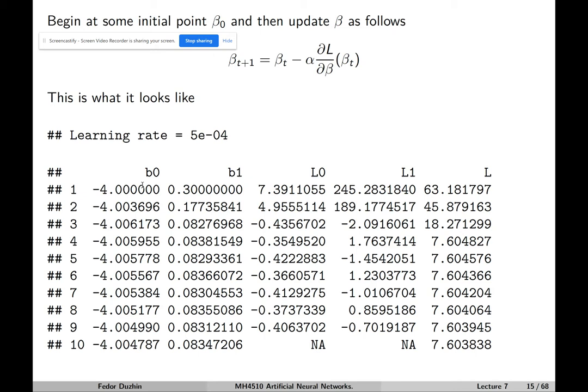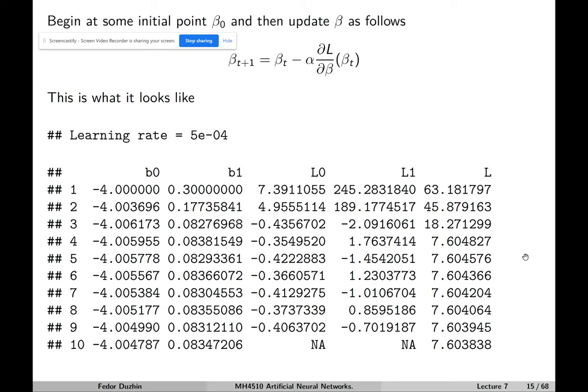And then we just keep updating this until the value of L hardly changes anymore. If you look at how the value of L changes, in the first step it dropped a lot. In the second step, again, it dropped a lot. But then it more or less stabilizes, and then just barely changes.